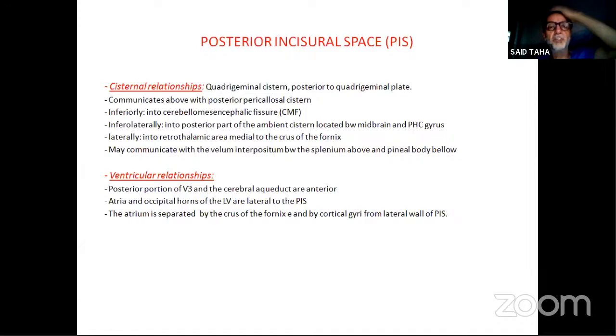The cisternal relationships are formed by the quadrigeminal cistern, posterior to the quadrigeminal plate.